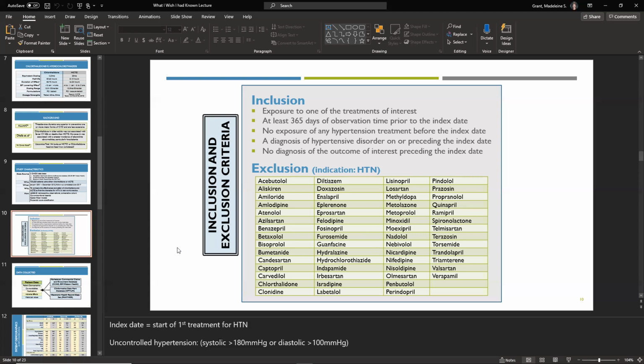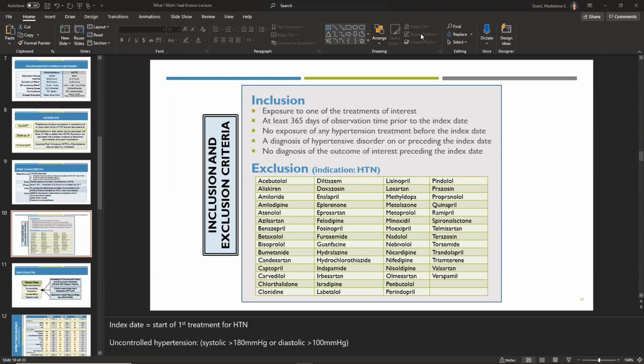Well, then again, we can have some red flags come up and think, this doesn't really make sense, because we know that while beta blockers might not be the best for hypertension, they have an effect on hypertension, whether they're cardioselective or not. So it's really important to understand who is and who's not in the study.